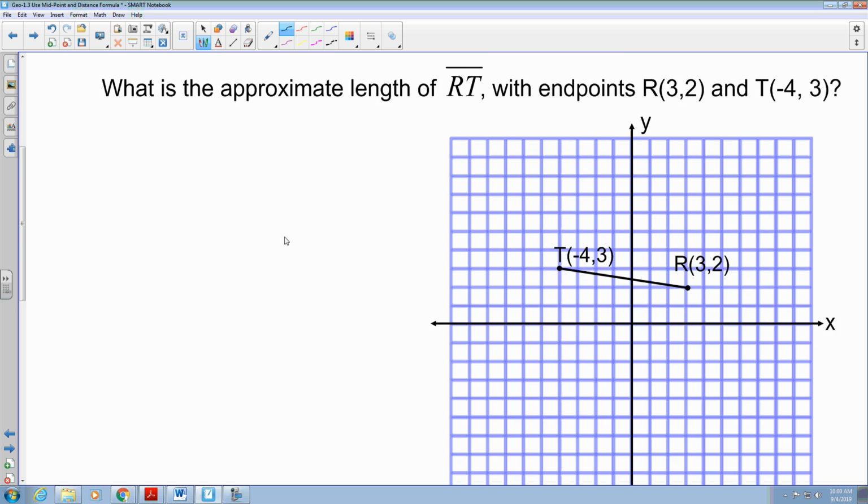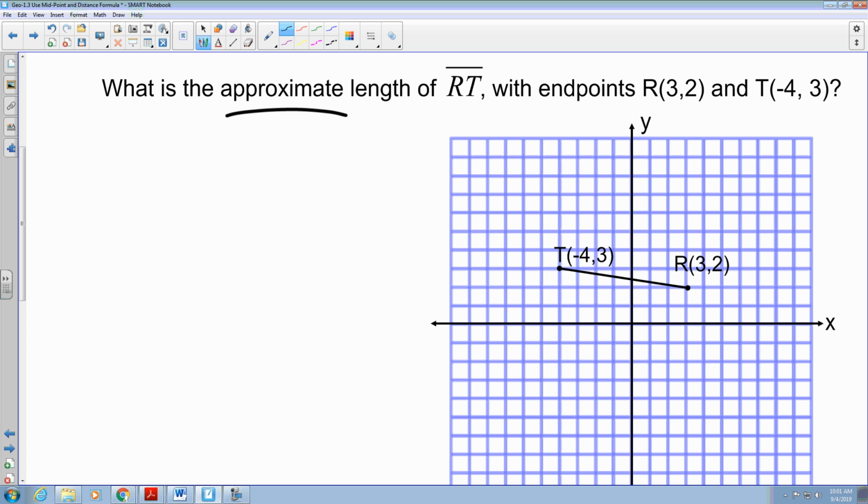If we look at this first example, they want us to approximate the length of RT. They say approximate, which means that we may have some decimals and it's not an exact answer. So they're giving us the freedom to approximate if necessary.